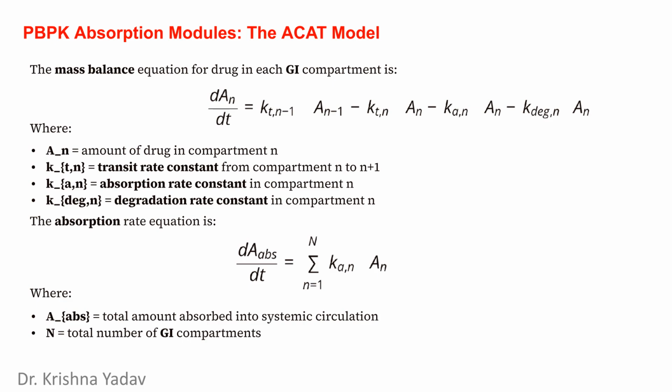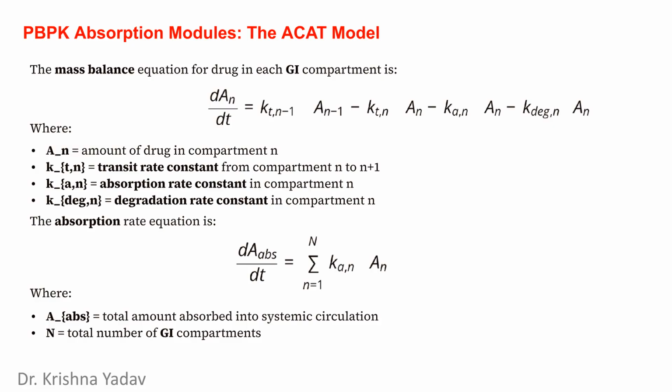The ACAT model is a compartmental approach used in PBPK modeling to predict drug absorption in the GI tract. It uses a mass balance equation to track the amount of drug in any specific compartment over time. This calculation is the sum of the drug entering and leaving that section, factoring in the transit rate constant for movement between segments, the absorption rate constant for movement into the bloodstream, and the degradation rate constant for drug breakdown.